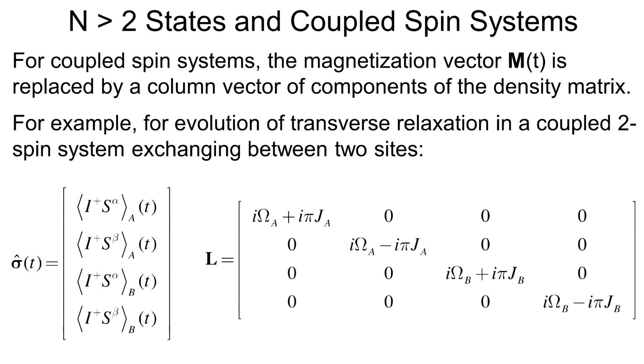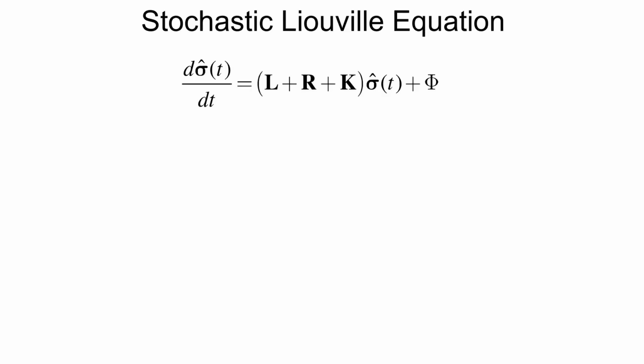And the evolution matrix now has to include the effects of scalar coupling as well as the chemical shifts. So I now have an equation that has larger dimension matrices, but there's not really anything fundamentally different about it compared to the Bloch-McConnell equations. This expanded equation is frequently called the stochastic Liouville equation.